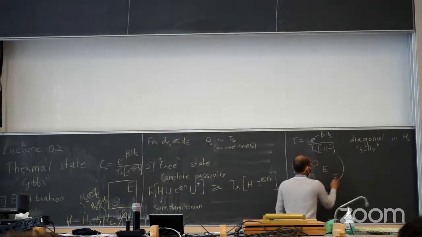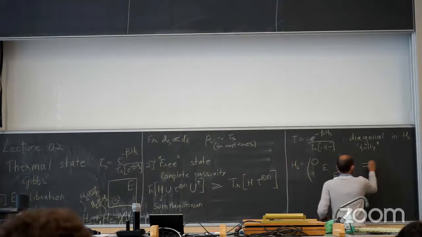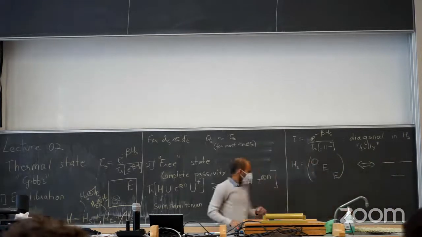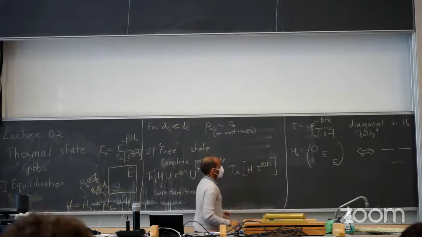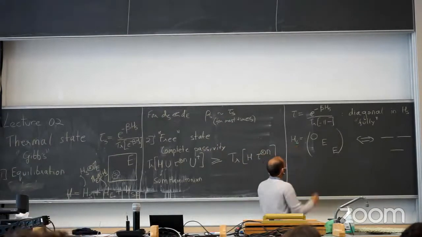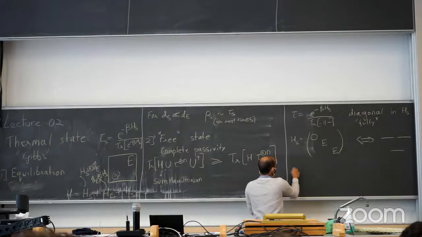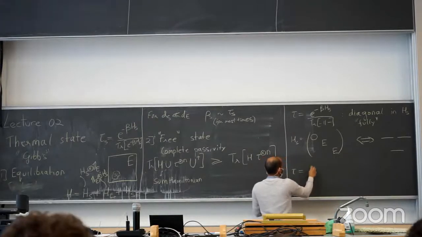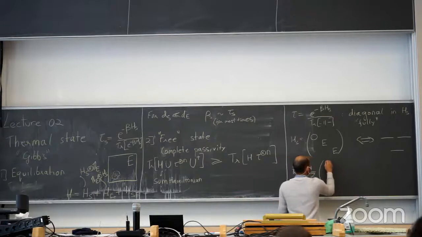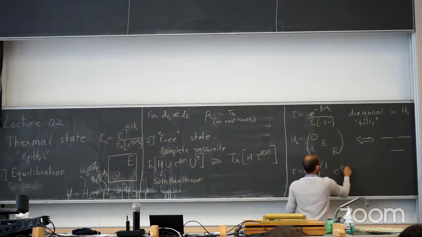So this is the energy level diagram: one ground state, two degenerate excited states. So when I take tau now in this basis, it's going to be 1 upon the partition function, times 1, e to the minus beta E, e to the minus beta E.